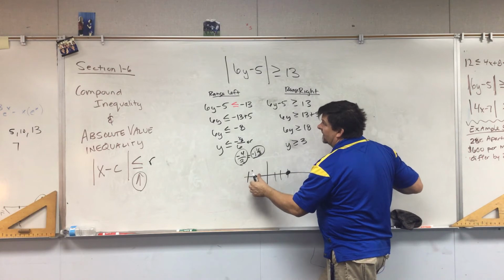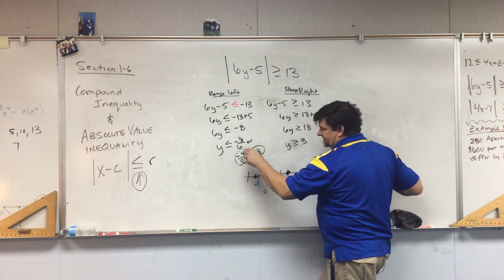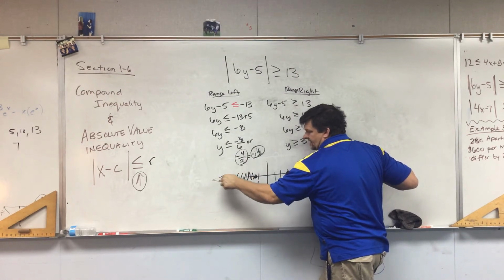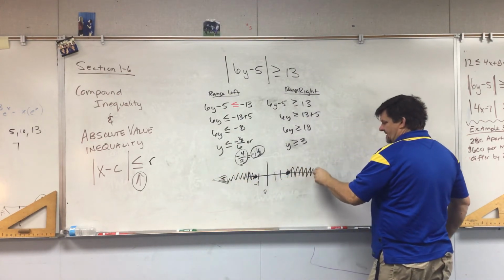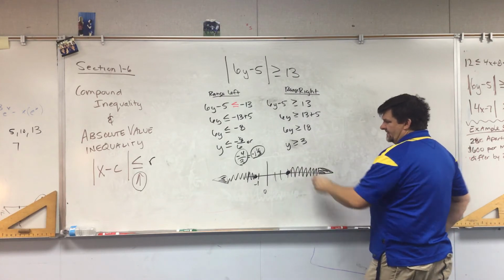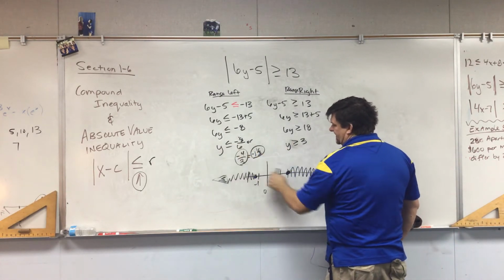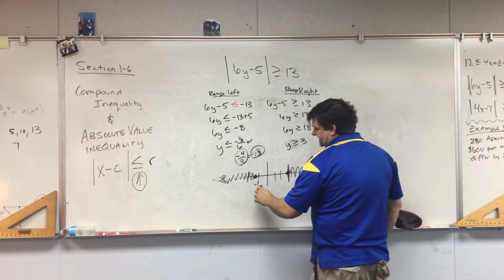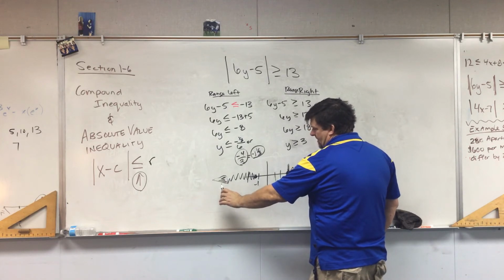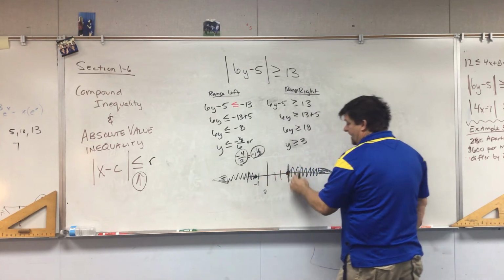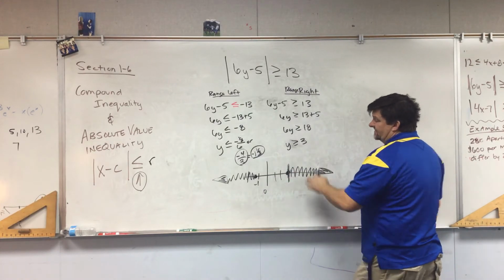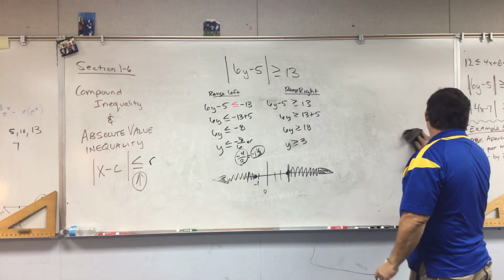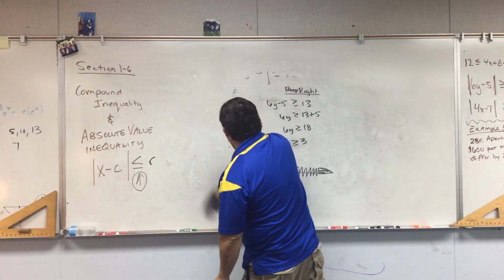That's a solid dot, and it's pointing to the left, so it's everything less than this. And this is everything to the right of that. Just shade to the right or to the left, depending on which way the arrow points. So this tells me my answer is less than negative 1 1/3, or it's greater than 3. So for or problems, you just solve either one. So that's how you tackle inequality ones.